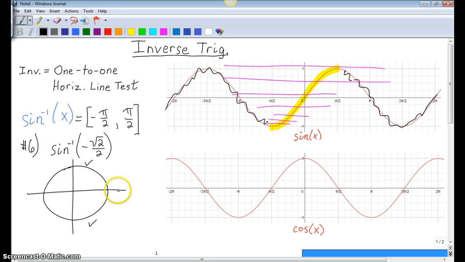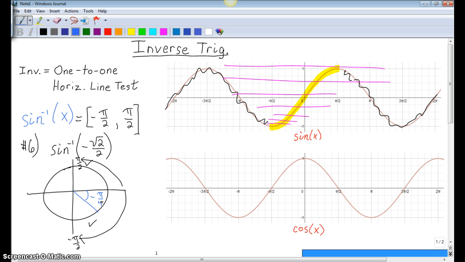Negative pi over 2, which is 0 to negative pi over 2, and up here, positive pi over 2. So in this problem specifically, we know that we are in this quadrant right down here. So our answer would be negative pi over 4.